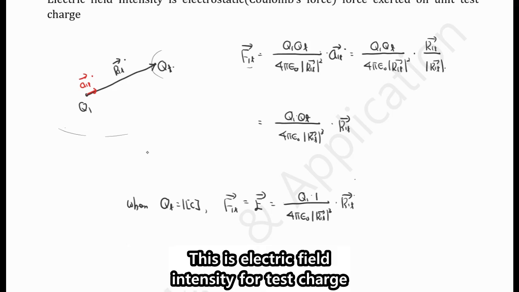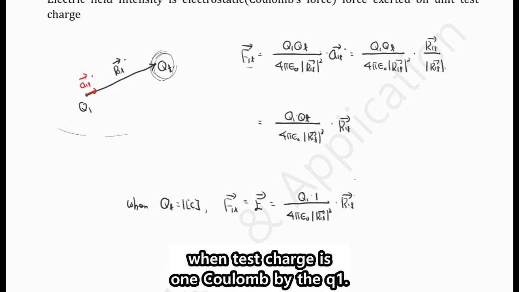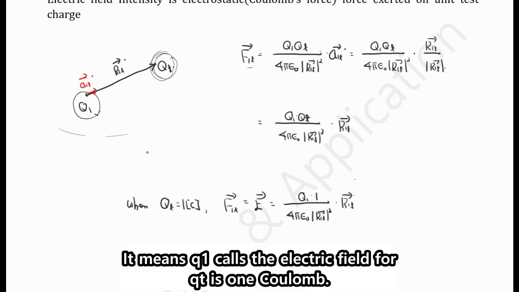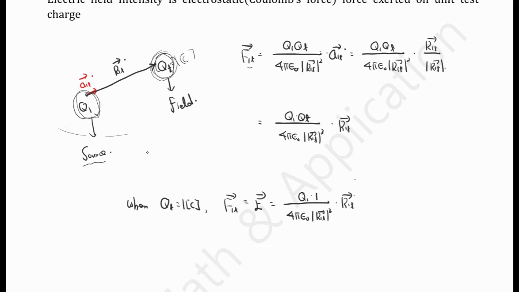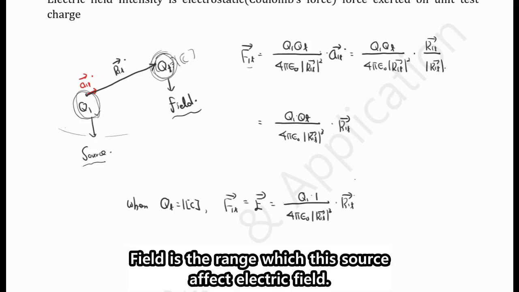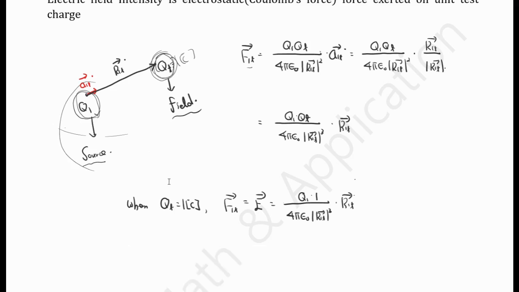This is the electric field intensity for the test charge, when the test charge is 1 Coulomb, by Q1. It means Q1 causes the electric field for Qt of 1 Coulomb. So Q1 is called the source, the cause of the electric field, and Qt is the field. Field is the range which this source affects.